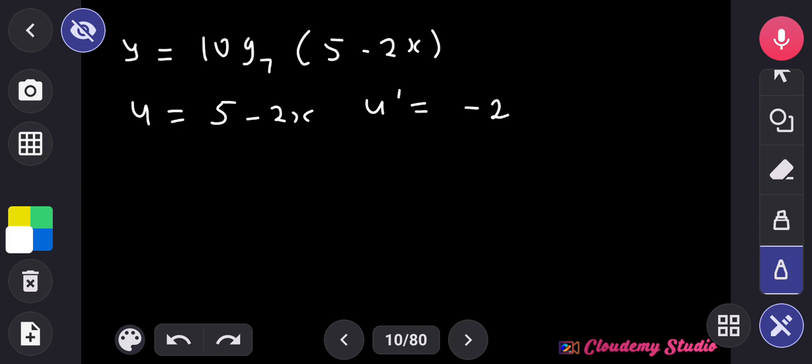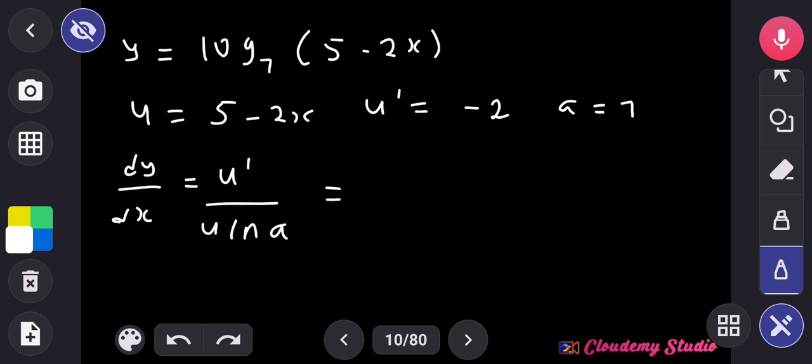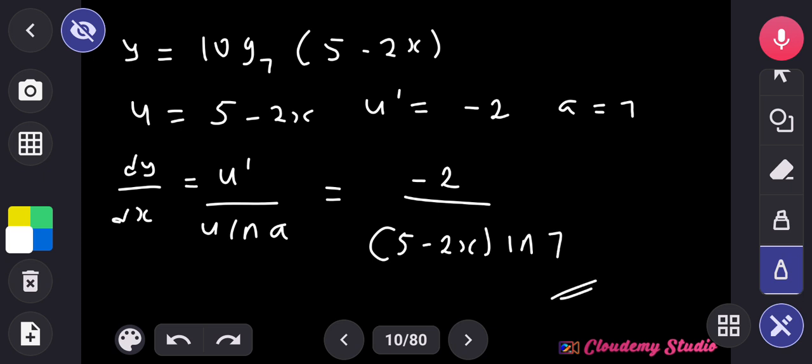And our a equals 7. Therefore, dy over dx equals u prime divided by u ln a, which is minus 2 divided by 5 minus 2x, then ln 7. This is our answer for this particular question. So it is not hard.